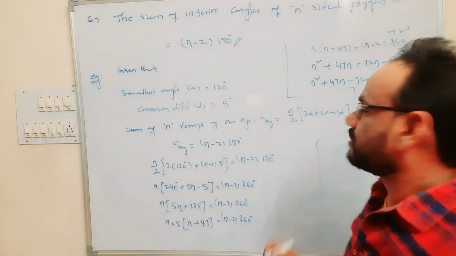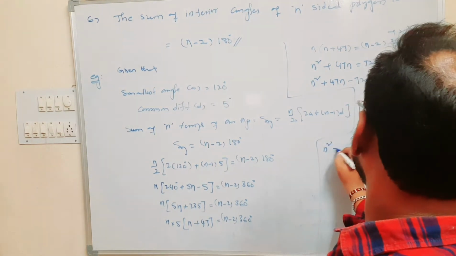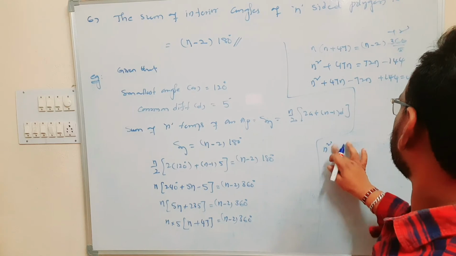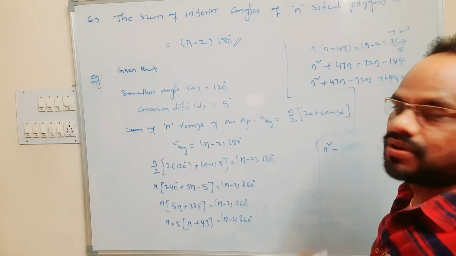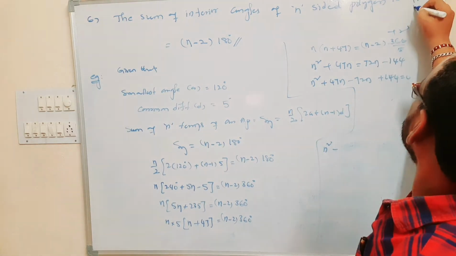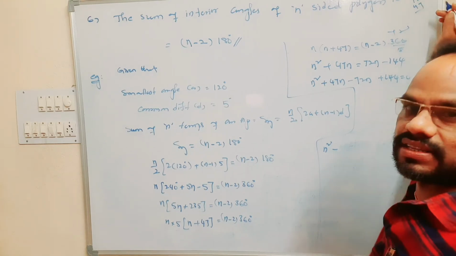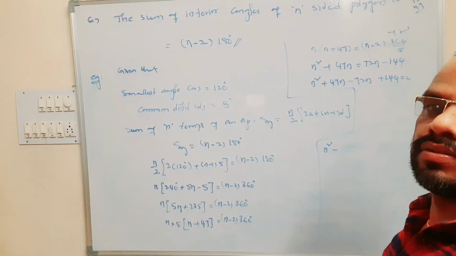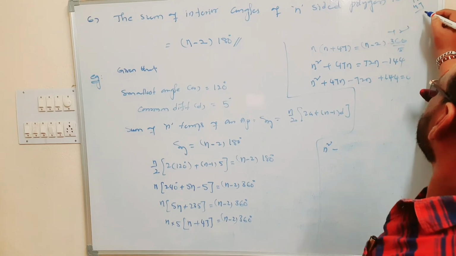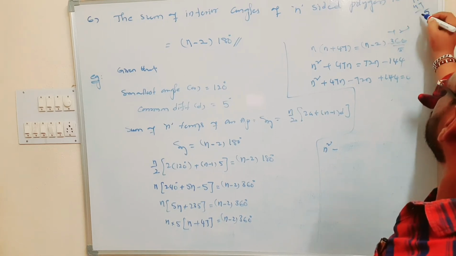So here n square plus 47 minus 72, that is minus 25.